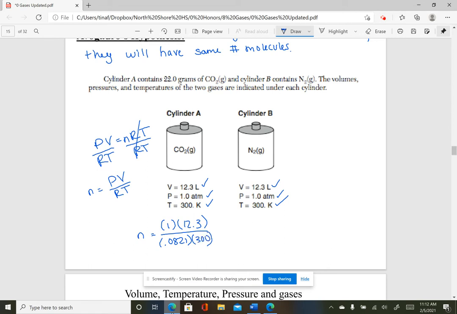And in this container, I have pressure times volume over R times temperature. So both containers will calculate to the same number of moles, and we know that in 1 mole, there are always 6.02 times 10 to the 23rd molecules. So you'd come out to have the same answer.